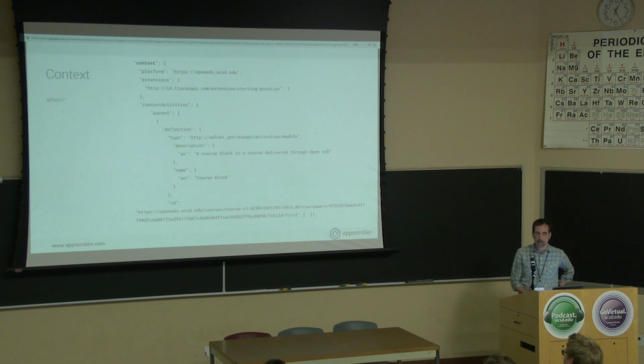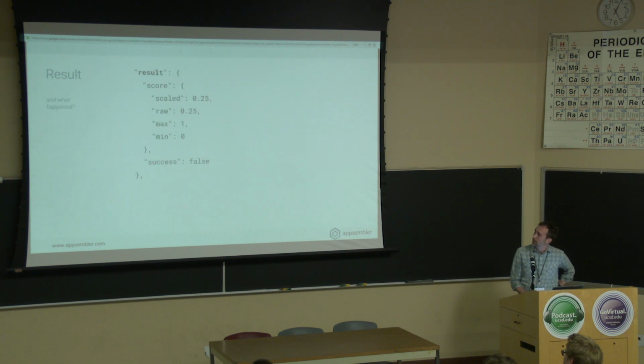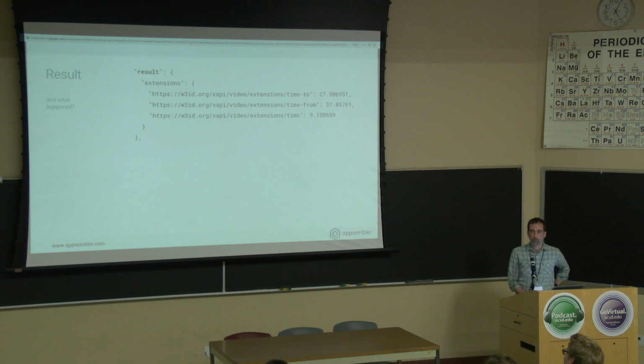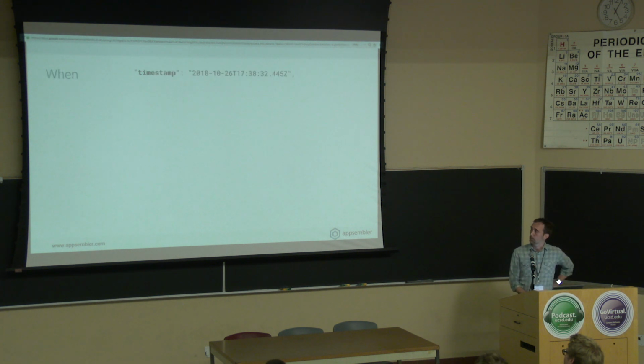So you can gather a lot of context about where this activity took place. And then a result. For a problem, it might have a score, or if you're watching a video, the result might be that you scanned through the video, moving from one time to another, and that's done with extensions from the video namespace.